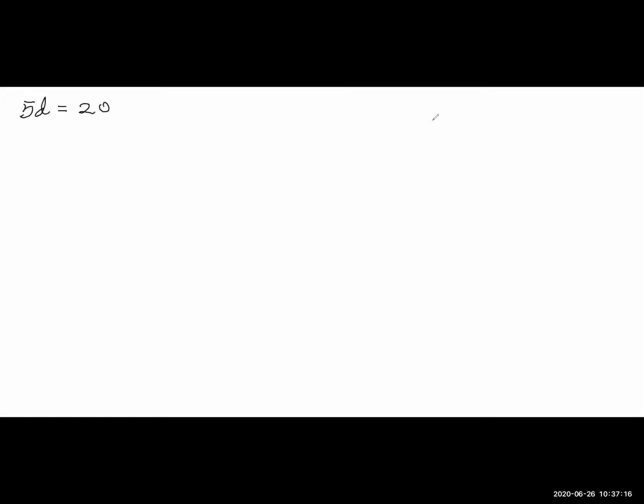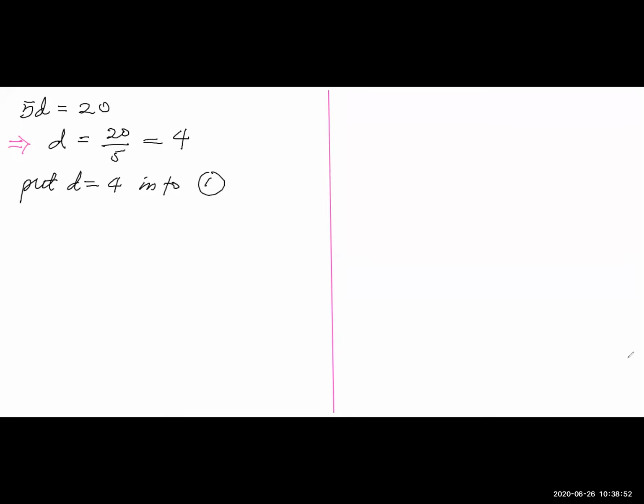That implies, divide both sides by 5, our D is equal to 20 over 5, which is equal to 4. Alright, so let's put our D equals 4 into either equation 1 or 2. So we put it into equation 1. What's our equation 1? Our equation 1 is A plus 3D equals 15.